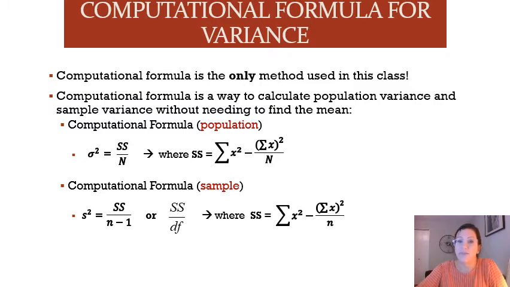It's very important that you pay close attention to what is going on in these formulas. If you'll notice, the population notation for variance is followed by the equation, which is SS over capital N. If you remember, capital N is the size of the population, the number of participants in the population.